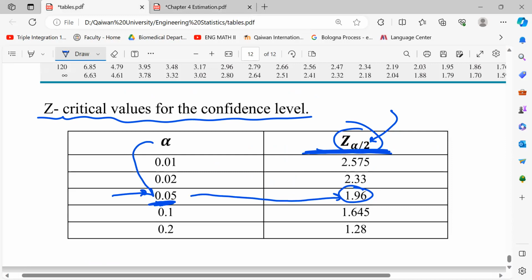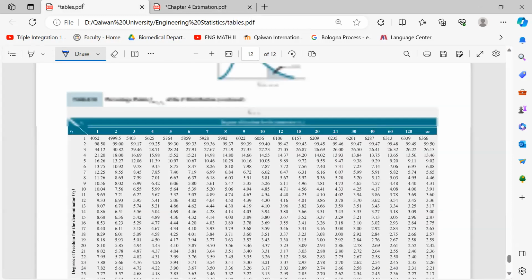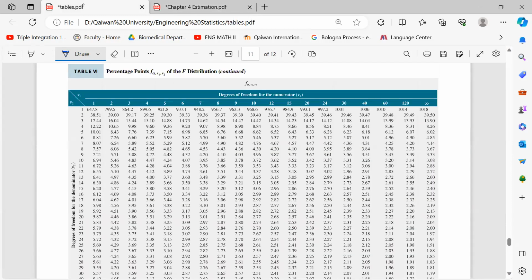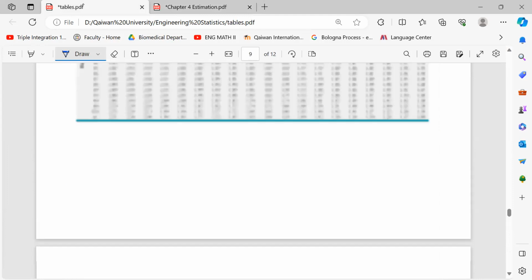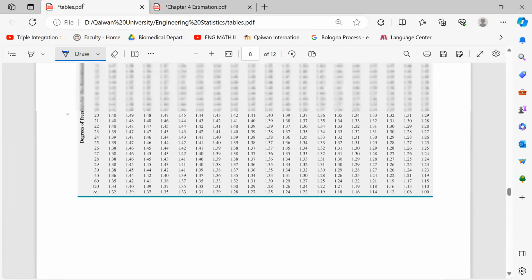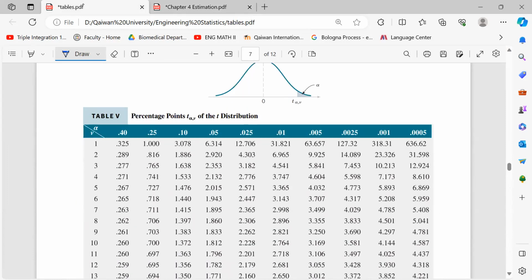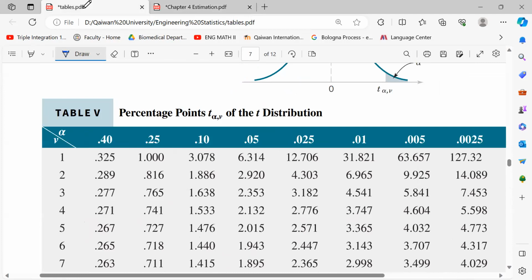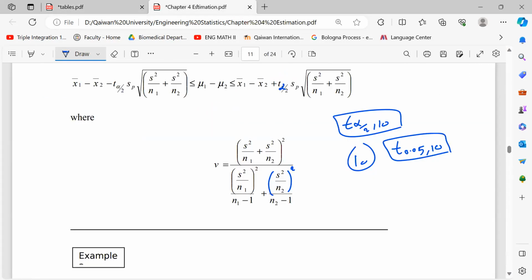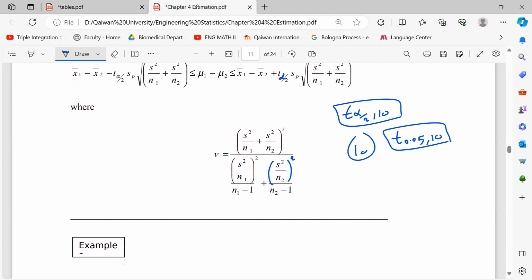Let's go to the table. Where is T? This is the F distribution, F, and F. Let me check, it's F. This is T. Look, we need alpha and V. The rule of V is given in the exam. This rule and SP are given. This is the degree of freedom in the T table.